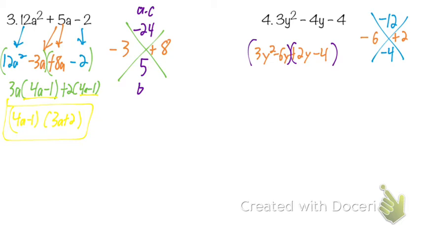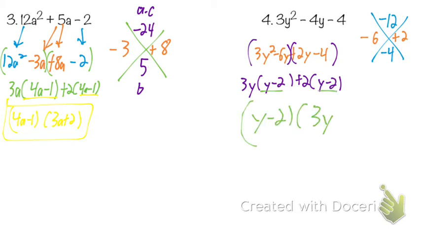All right, what is our GCF of those two? 3. Why? There was a variable though, right? And then we're going to be left with y minus 2. What's our GCF of 2y and negative 4? 2. So we're going to pull out a positive 2. And we're left with y minus 2. Is it the same thing in both? Good. So we pull that out in the front. And our other one, we have 3y plus 2.